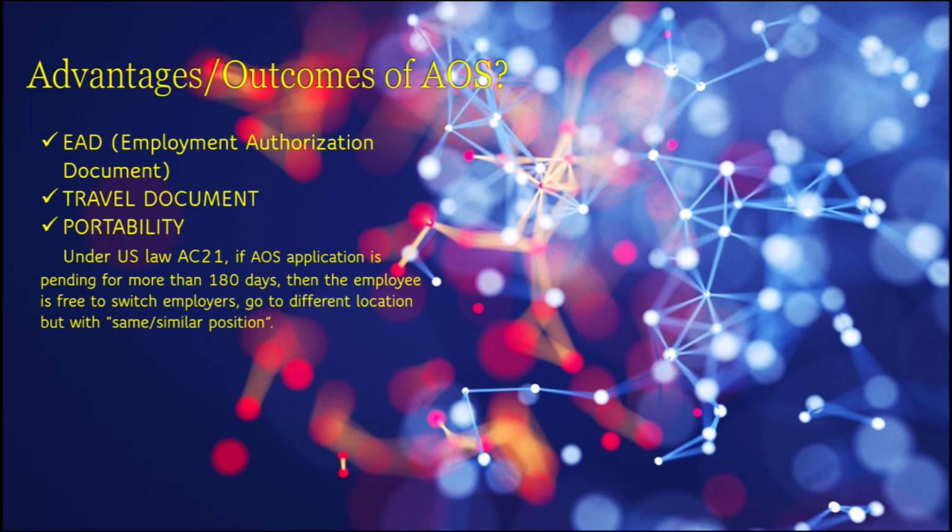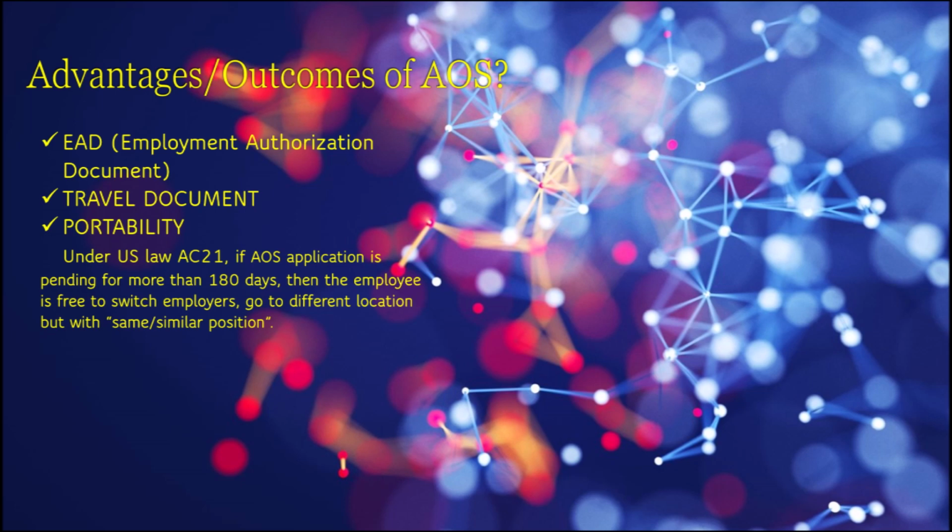So the next one is portability. A person who has applied for the adjustment of status, and the case or the application is still pending more than 180 days, then the employee is free to switch employers, go to any different location and work without the need to do an amendment, switch employers without an H1 transfer, but the person has to be with the same or a similar position or occupation with which the I-140 is approved.